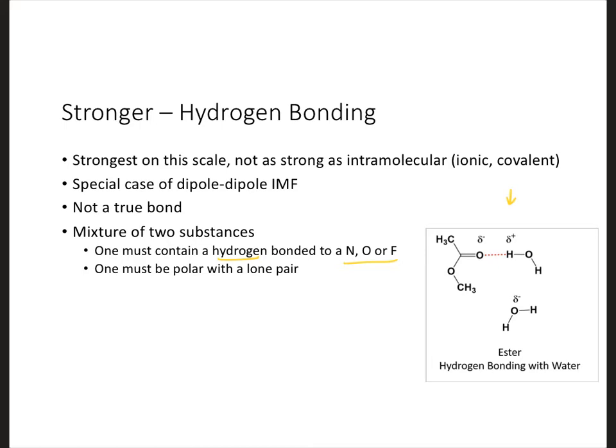And so if there's a lone pair somewhere else, particularly on an oxygen or a nitrogen, it's going to be able to attract weakly, an intermolecular force, that hydrogen on that other molecule. So in this instance, what we've set up is a water molecule. We already know that a water molecule is a polar molecule. It has a delta plus because an oxygen is pulling on the electrons on that hydrogen. So we also have another molecule floating around in this mixture.